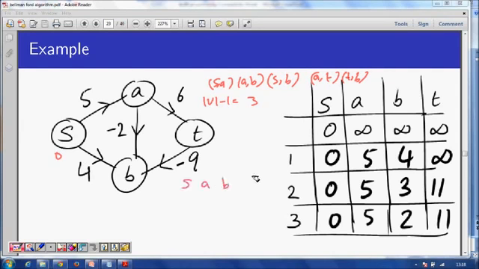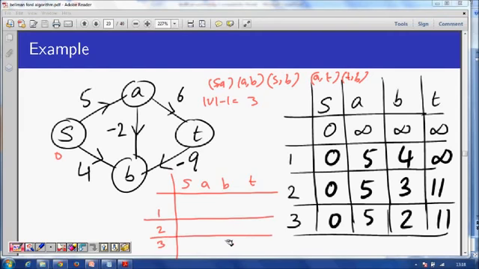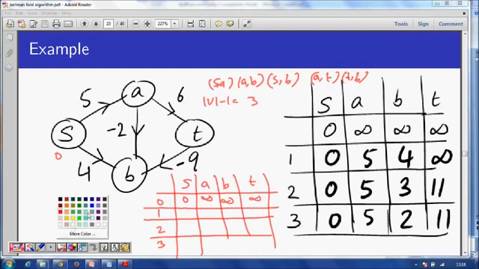Initially everything is infinity and S is 0, so I make a table with S, A, B, T, and iterations 1, 2 and 3. This is iteration 0, the initialization: S is 0, and A, B and T are infinity.